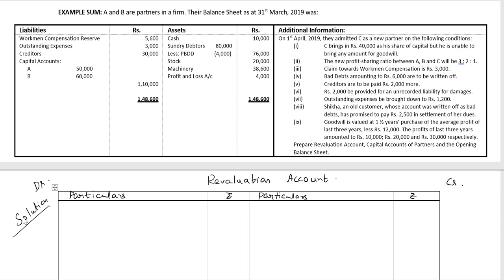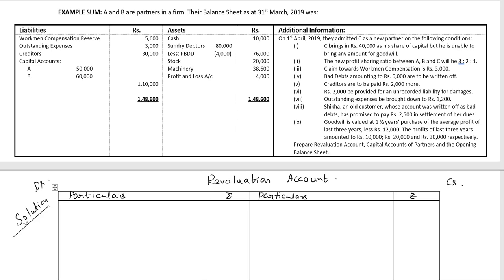The first point about the capital and the premium for goodwill will not affect the revaluation account. Second point, the new profit sharing ratio between A, B and C is given. That also will not affect the revaluation account. Third point, it's given that claim towards workman compensation is rupees 3,000.